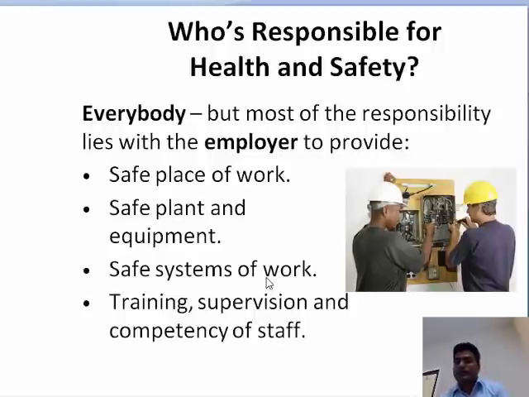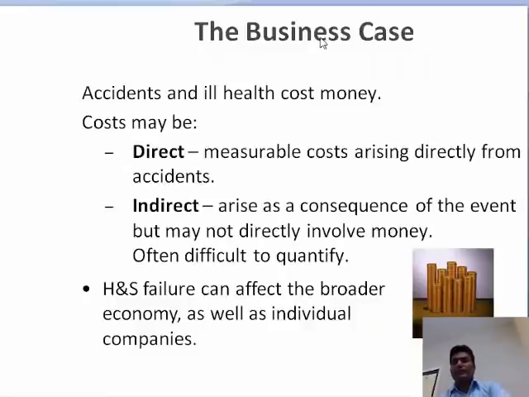Suppose you want to do excavation, then how should we do it? This procedure is given by the employer. The employer also has the responsibility to train all employees, and supervision should be given to them. Competency of staff means every staff member should have knowledge, experience, training, and ability.